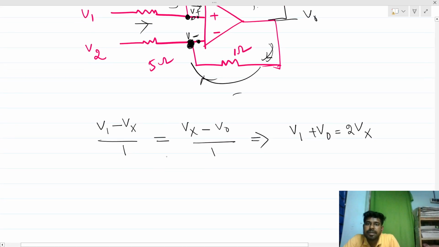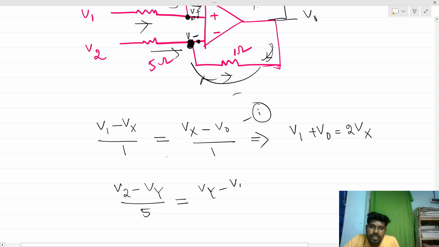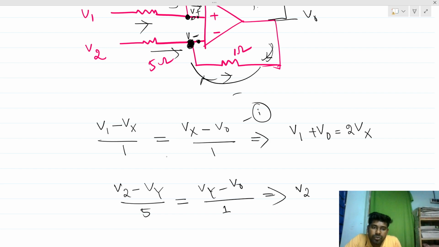If I do the same thing for this branch, let's say this is expression 1, and expression 2 will be V2 minus Vy, since Vx is equal to Vy, divided by 5, will be equal to Vy minus V out divided by 1.